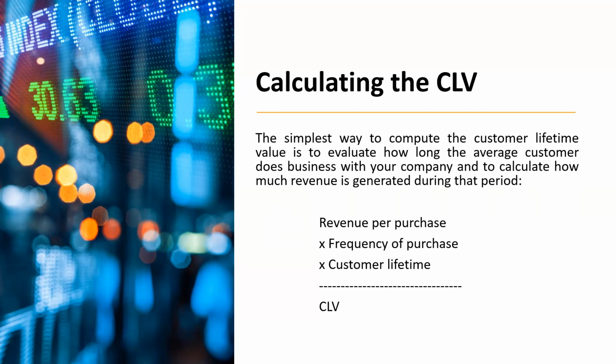Yes, sir. We'll take the same formula and apply it in a different context. Take insurance, the one that we were discussing earlier. How do you calculate it for insurance? How do you apply this formula in that context? Sir, revenue per purchase means the premium per policy. Frequency of the purchase means how many installments of premium they have to give, how often they have to give the premium.